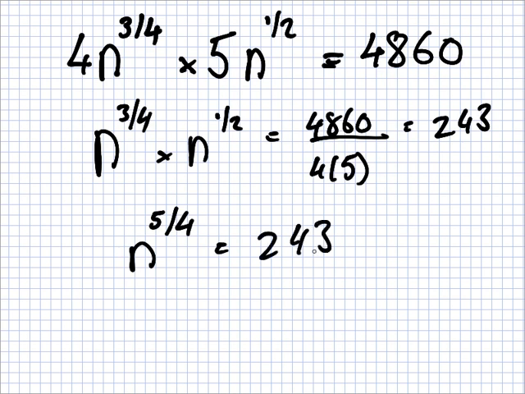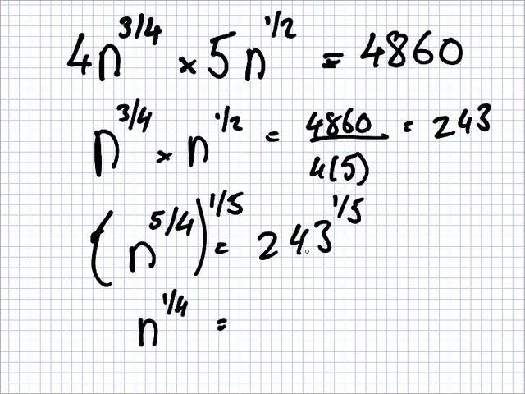Now, what I'll do is power 1/5 on both sides. So the 5 and the 1/5 cancel. So you get n^(1/4) equals the 5th root of 243, which is 3.